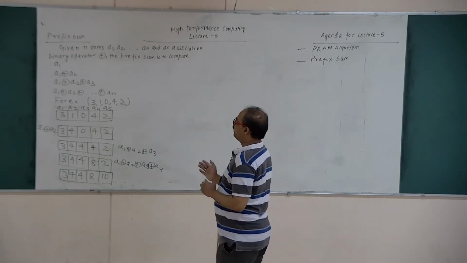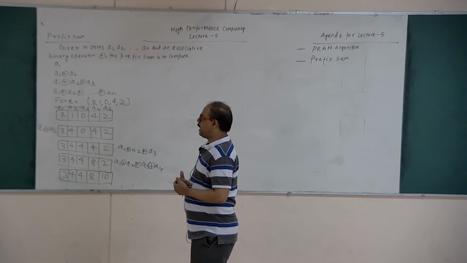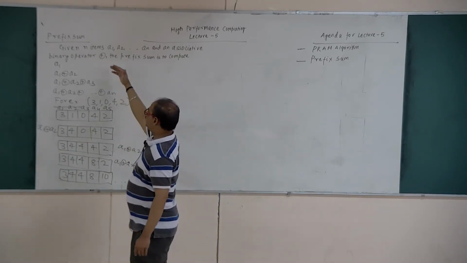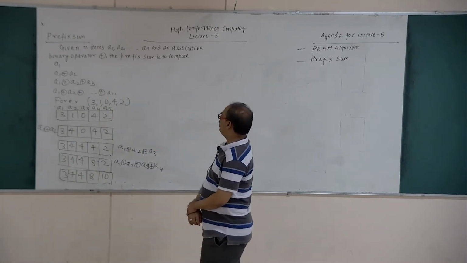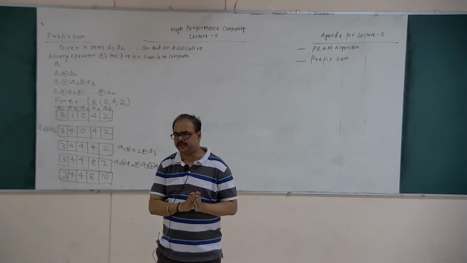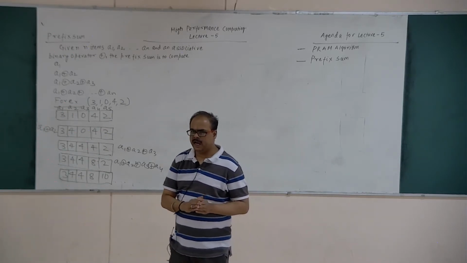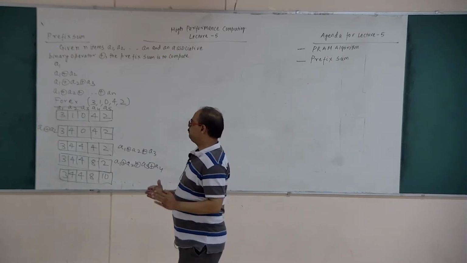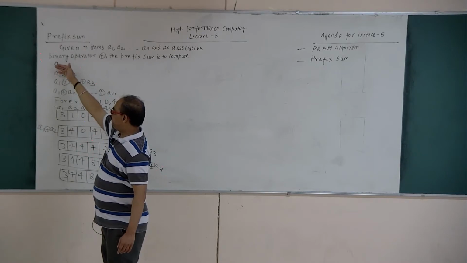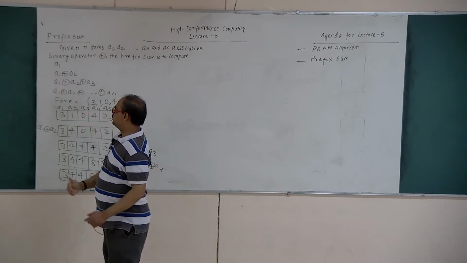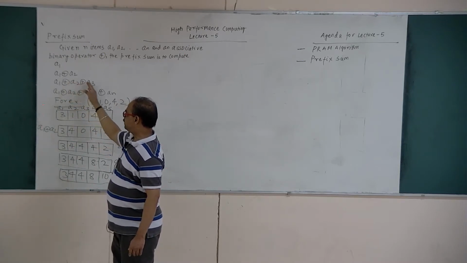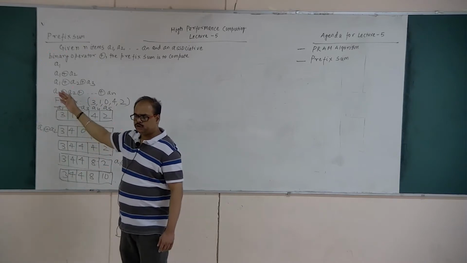Prefix sum is just the reverse of parallel summation. In prefix summation, suppose we are given n items A1, A2, ..., An, and an associative binary operator plus, and we want to compute sums such that initially it is A1, and in the next step A1 plus A2, and in the next step A1 plus A2 plus A3, and so on and so forth.